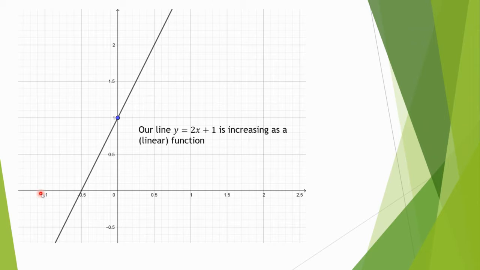Right? Because again, as you move to the right, this line goes up. Okay? And you can see, it's kind of hard to see from this graph, but the slope is 2. So the rate of change is 2. Remember, slope and rate of change are the same thing for linear functions.